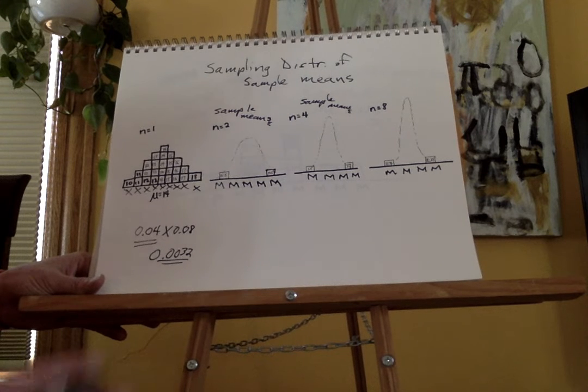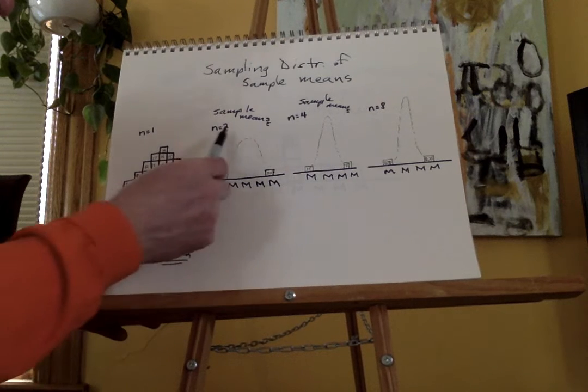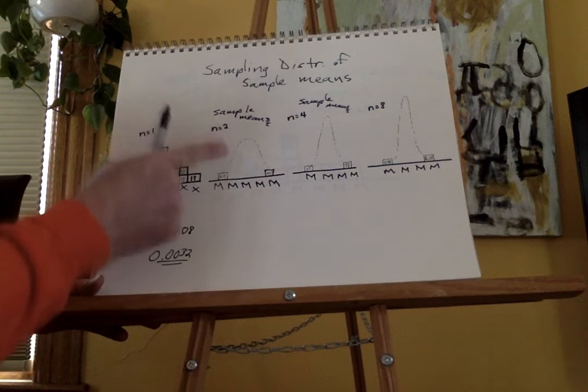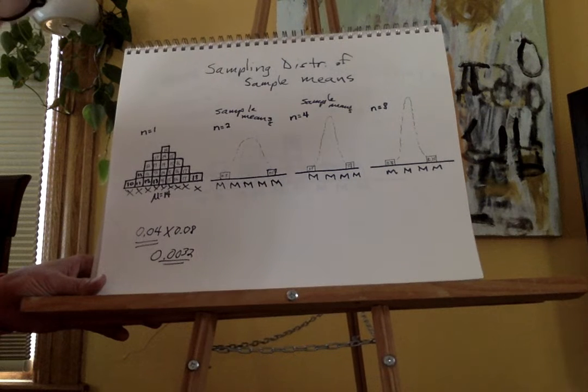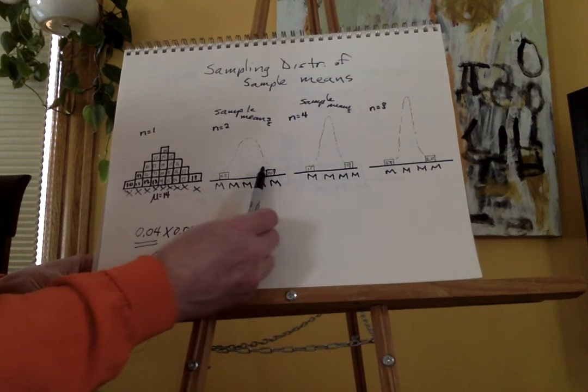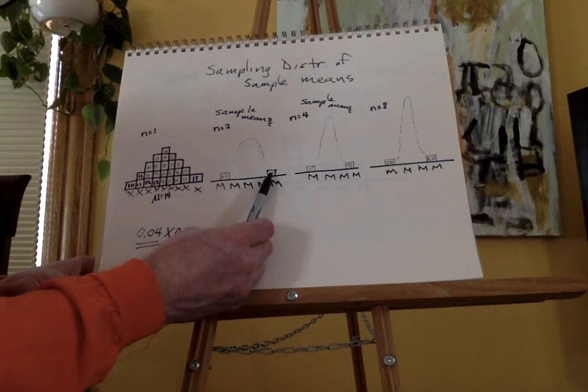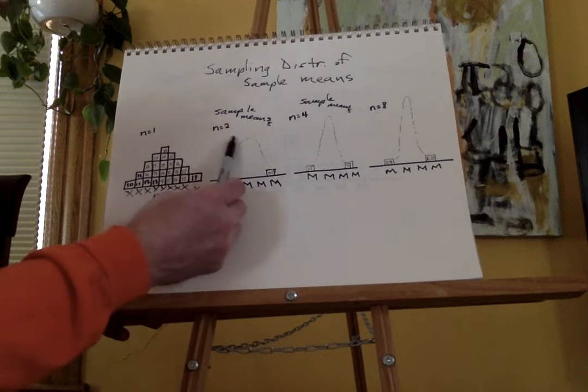What I want to show you here, though, is that for a sample of 2, it would be impossible to get a mean of 18. It can't happen because there's only one 18. So the 18 is always going to be put together with something lower than 18, so it's going to bring the mean in a little bit. This is the most extreme mean that we could have for a sample of 2.